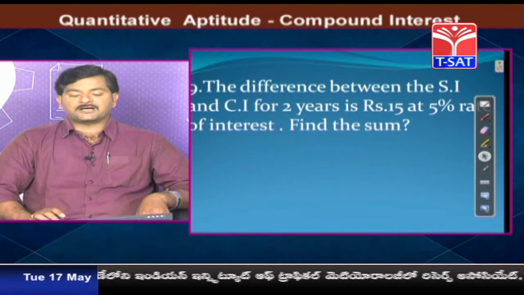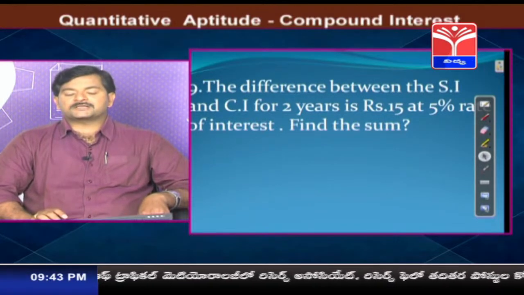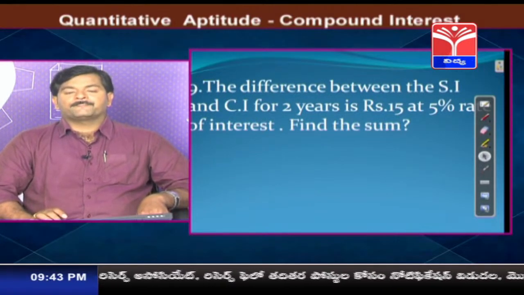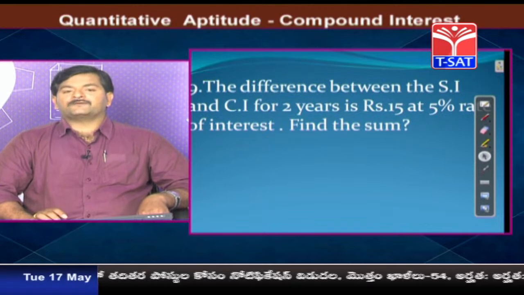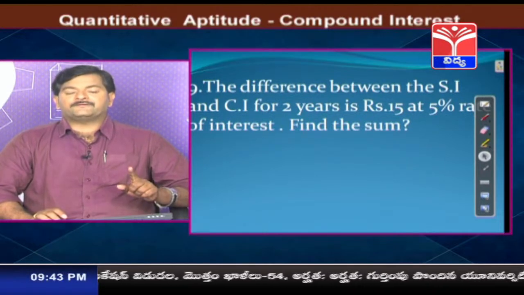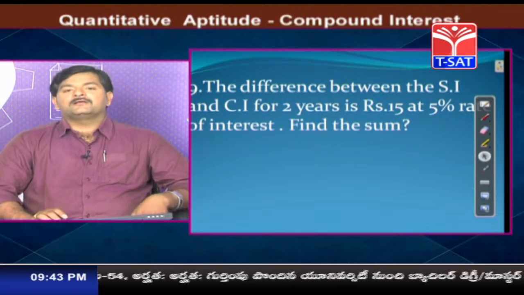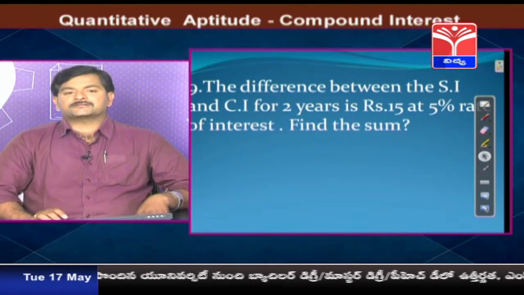The difference between SI and CI for 2 years is rupees 15 at 5% rate of interest. Find the sum. Difference given is 15 rupees, rate of interest given is 5%, and we are asked to find the sum. For how many years? For 2 years.